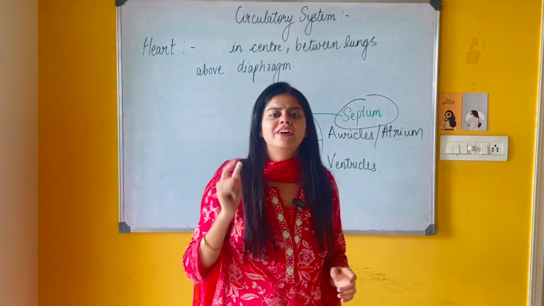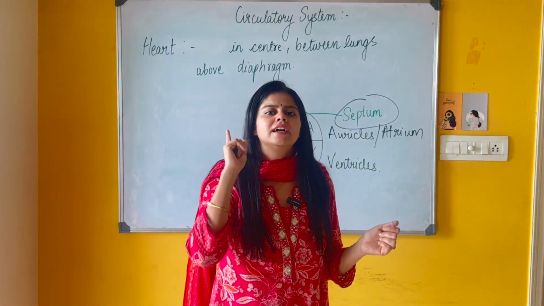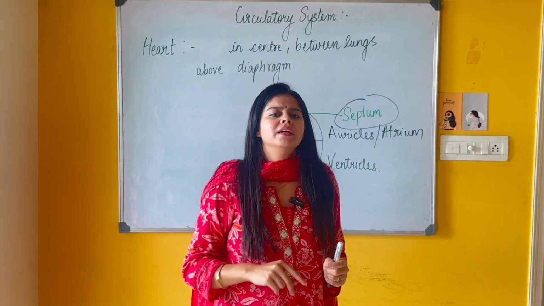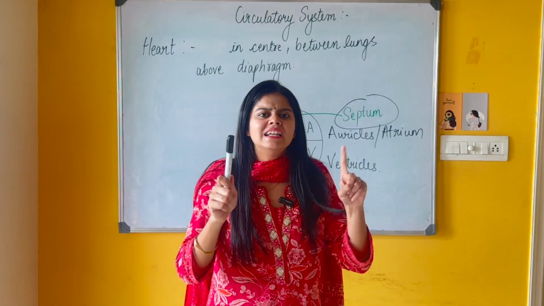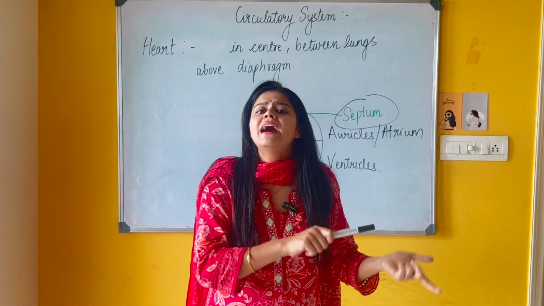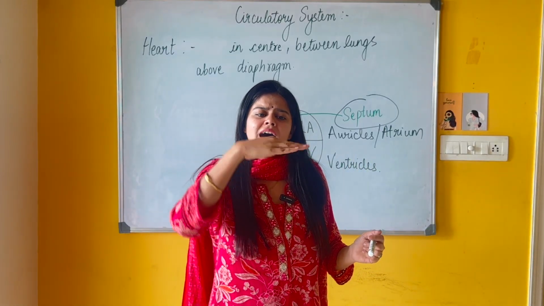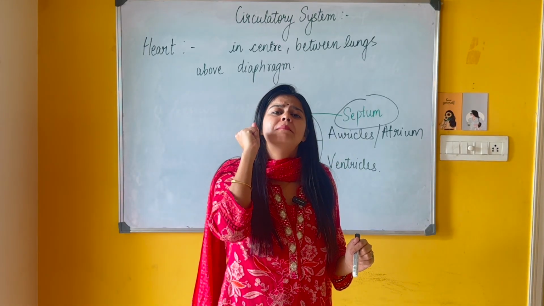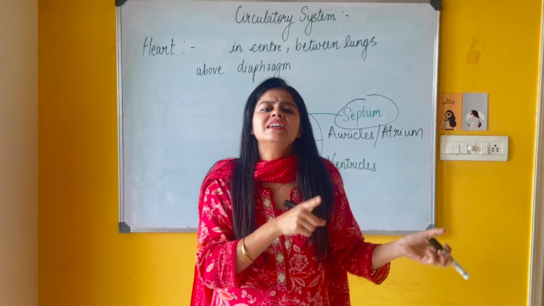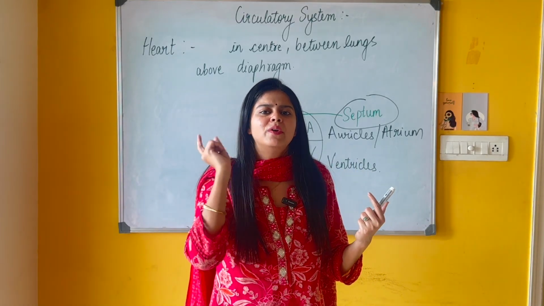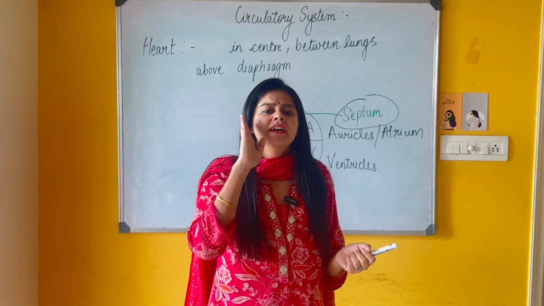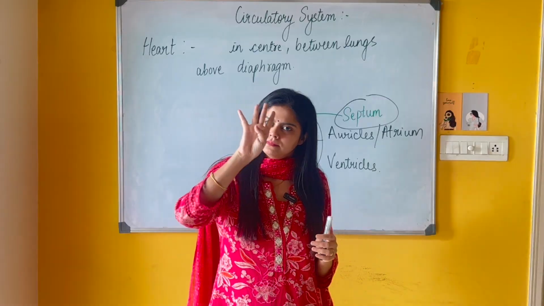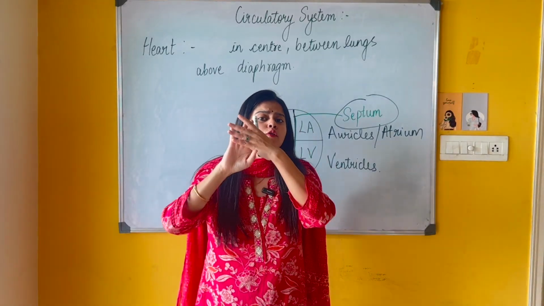A quick recap. Where is your heart present? Left, right or center? In the center, between two lungs, above the diaphragm. What is the common misconception? That heart is present on the left side. Why? Because the triangular part of the heart is slightly tilted towards the left, and the contraction is maximum at this side. How many chambers are present in human heart? 4.